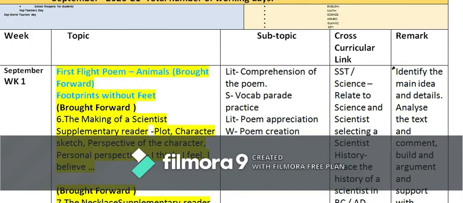Establishing the cross curricular links, try establishing the links with the subjects that you are studying or the topics that you have studied. For example, wherever it comes to the scientist, we try relating it to a science topic and the scientist and their life history.